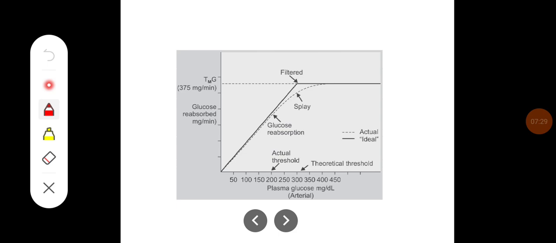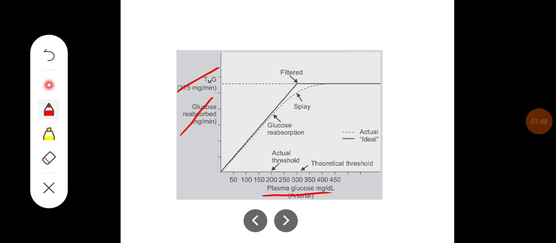And this is a diagram showing the plasma glucose levels and glucose reabsorbed. As and when plasma glucose level increases, the reabsorption also increases, but at TMG maximum, the glucose starts appearing in the urine.